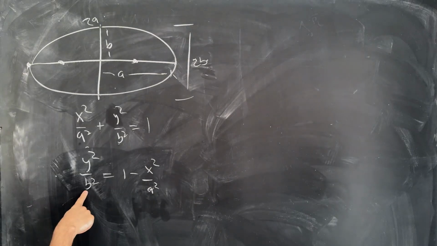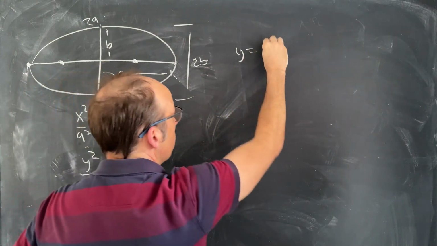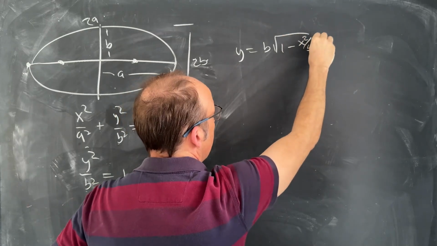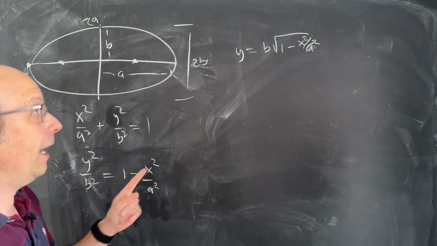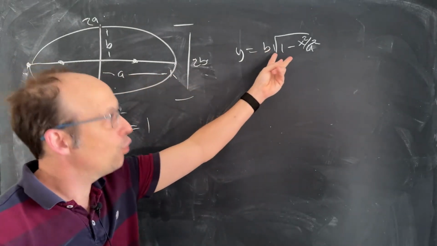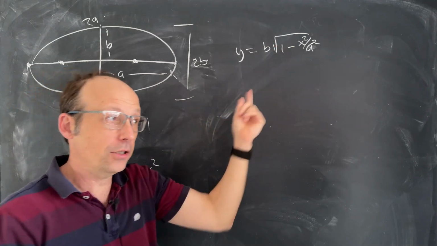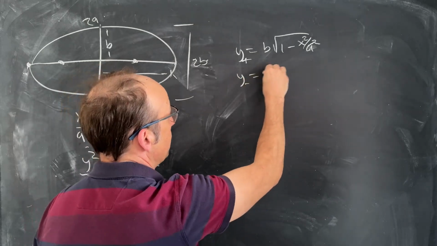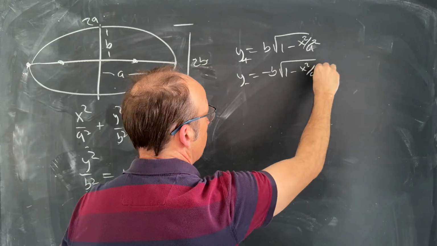Now I can multiply by b, take the square root and multiply by b, and I get y is b times the square root of 1 minus x squared over a squared. So if I know my x value, I can calculate my y value, but I can't, right? Because I actually get two values here. I'm going to get a positive value and a negative value. So I'm actually going to do that twice. I'm going to say y plus, and then I'm going to say y minus is negative b square root of 1 minus x squared over a squared.